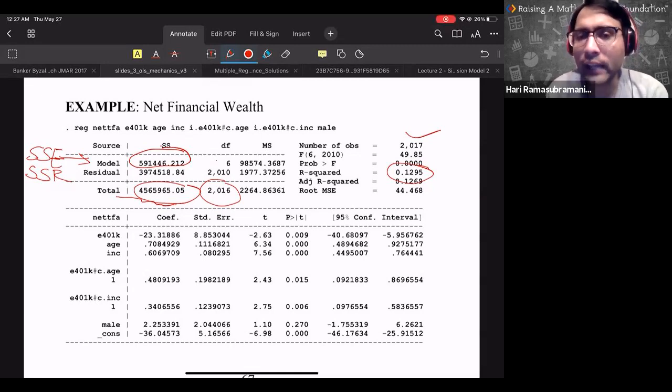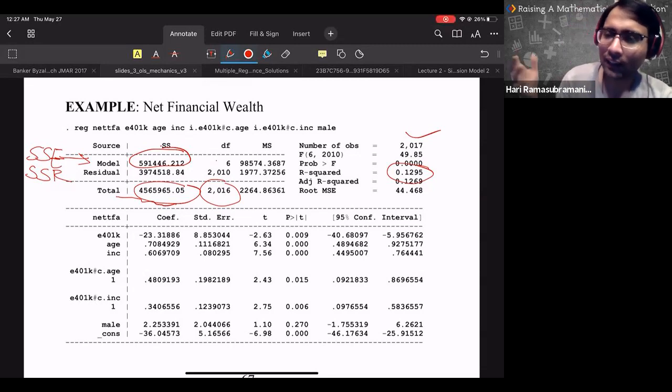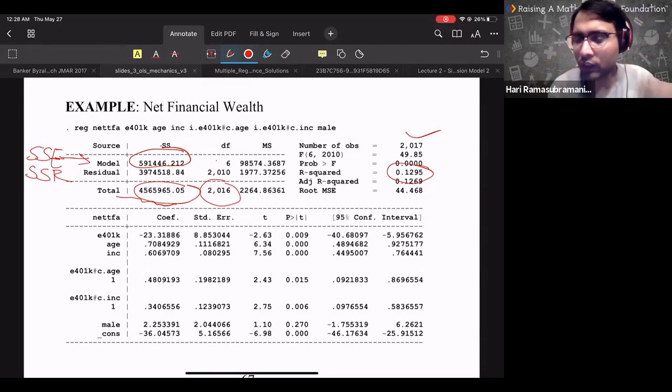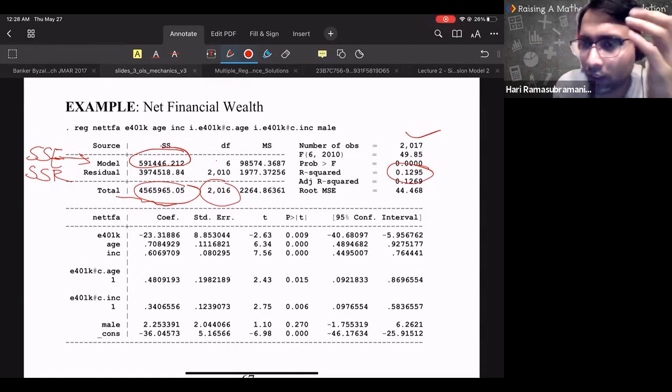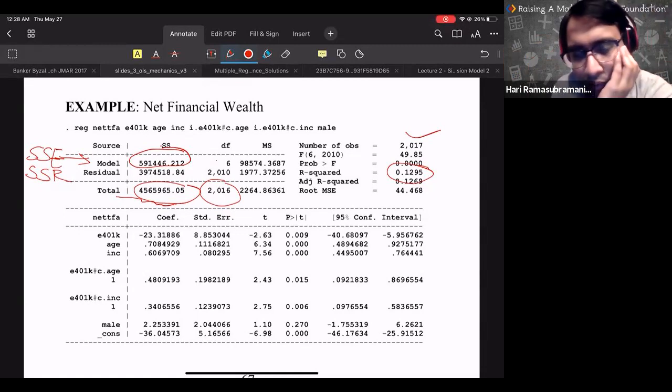You can only take 9 values with freedom, because the 10th value has to be adjusted in such a way that it gives you the sum. So similarly, when you have 2017 observations, you can only take 2016 observations with freedom. The 2017th observation has to match whatever condition I have given to you.